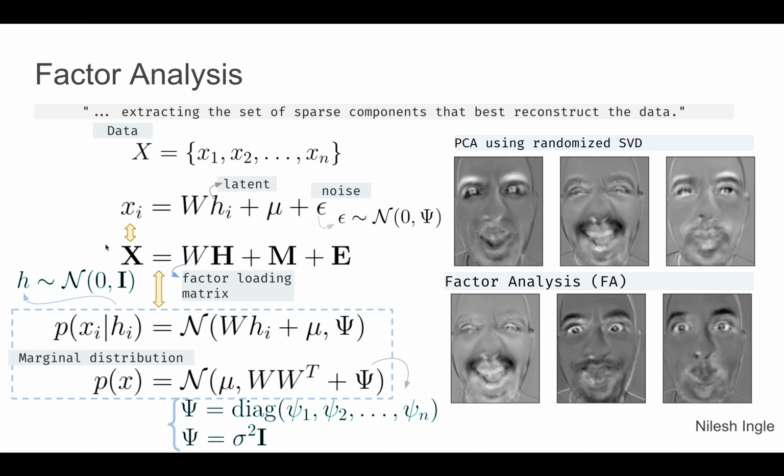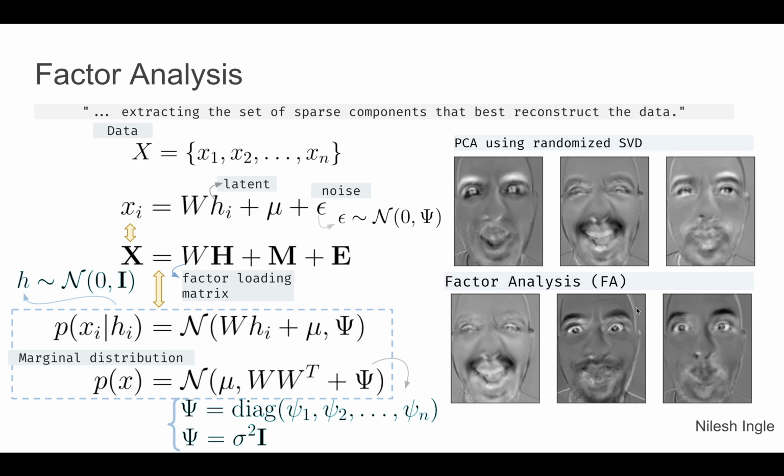And this linear combination can also be written in terms of probability, which is shown right here. Probability of x given h_i, and this again would come from a normal distribution that is listed here.